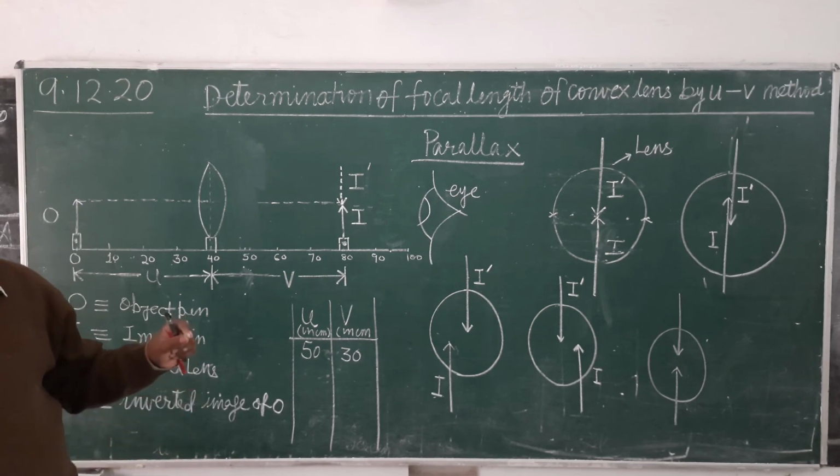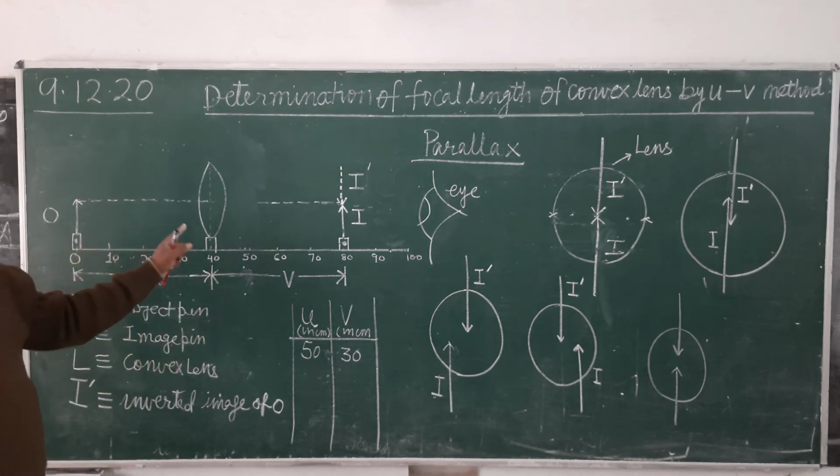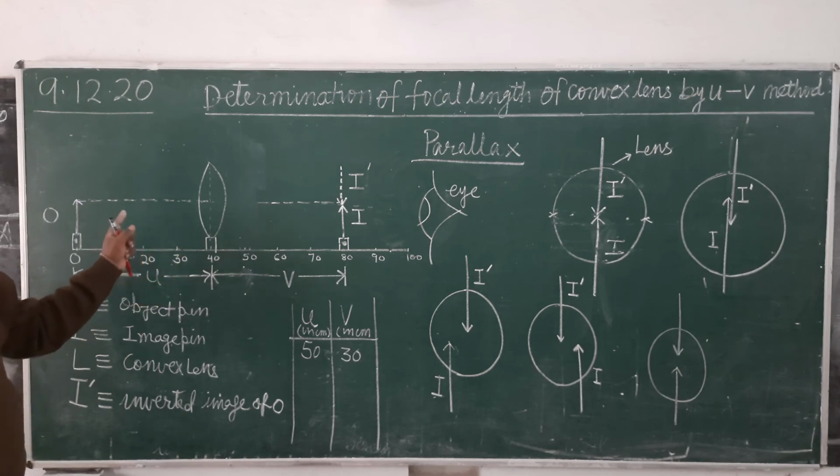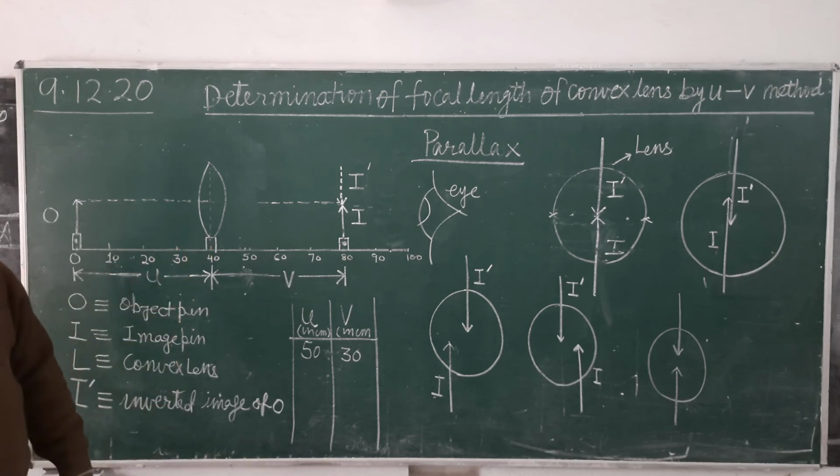Normally, we have to do this process for 5 or 6 different values of u. Means once u is taken as 60 centimeter, then 50 centimeter, then 40 centimeter, 30 centimeter, 20 centimeter. It's clear?